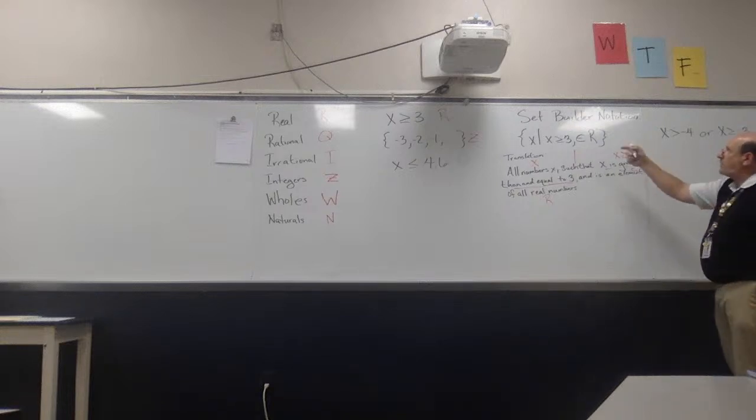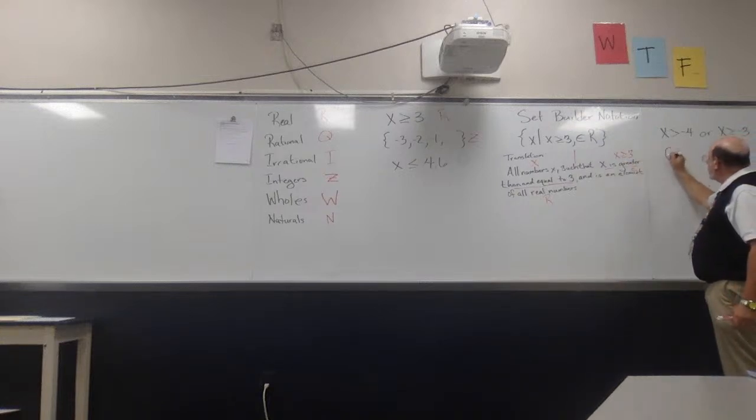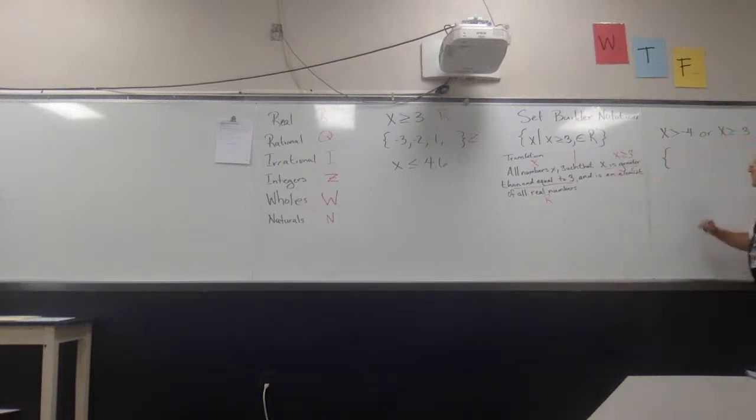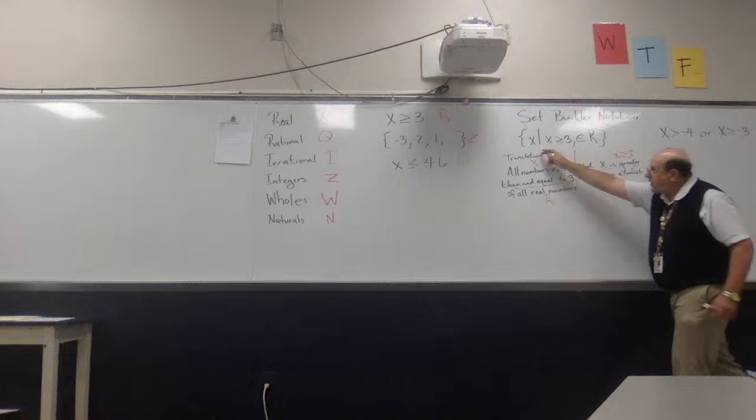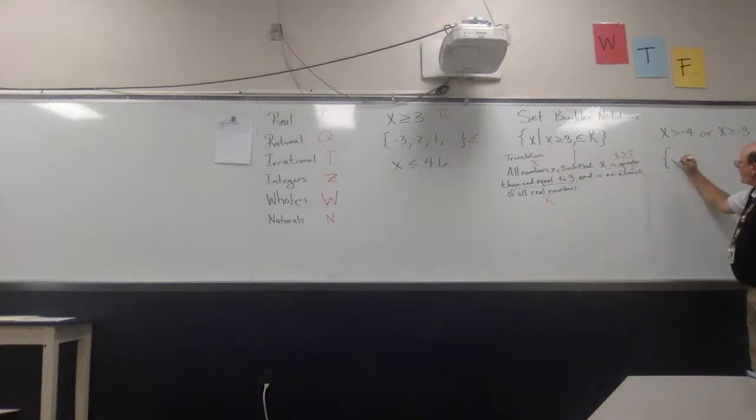So how do we show that these two things could be the same? We use set builder notation. So how do I start? A brace. What comes next? What else? Vertical line, such that, x. Now, I'm going to use both. X is greater than.